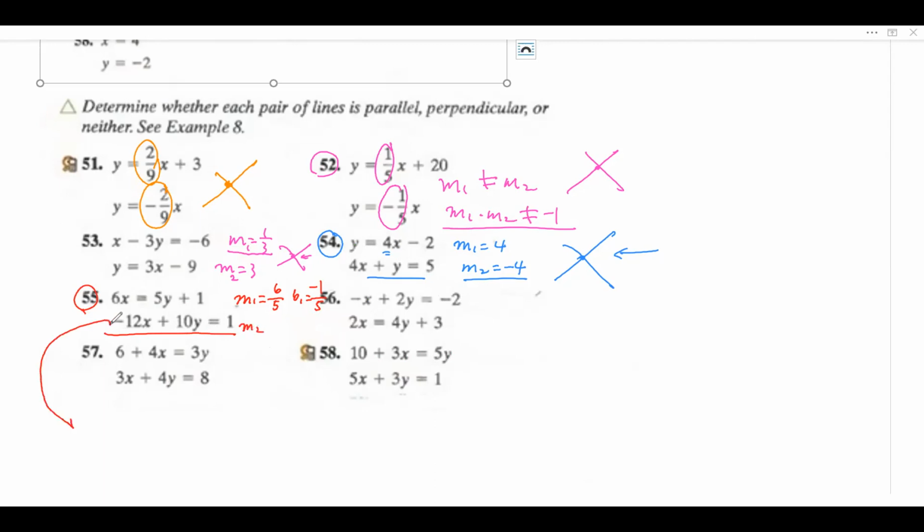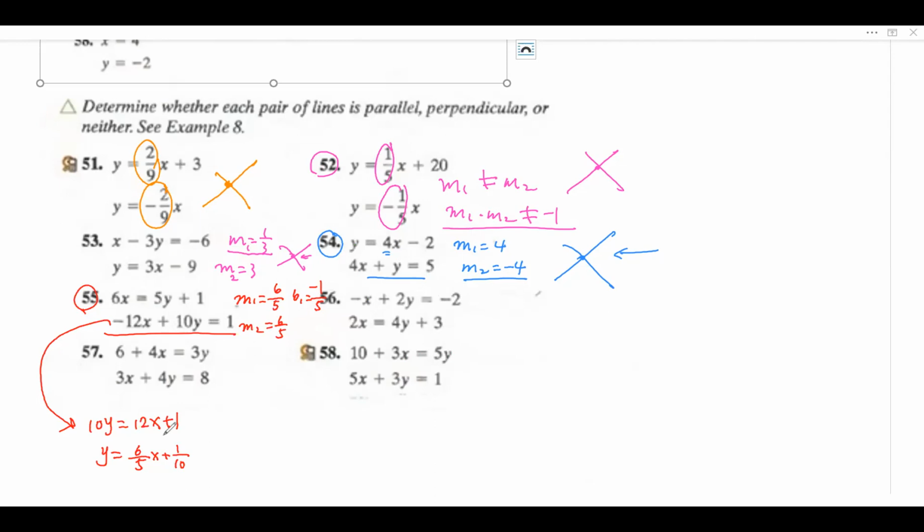If you cannot judge M2 quickly, you can do a proper transform. So you can do 10y equals 12x plus 1. So y equals 12/10, which quickly simplifies to 6/5, x plus 1/10, right? So the second slope is 6/5.